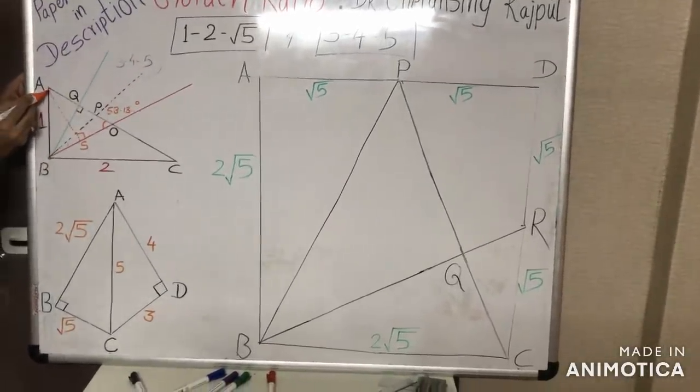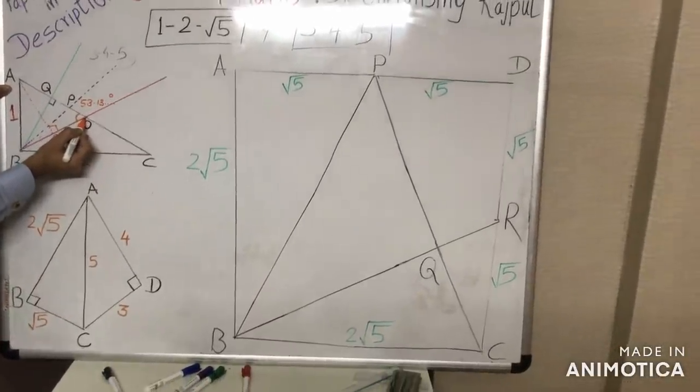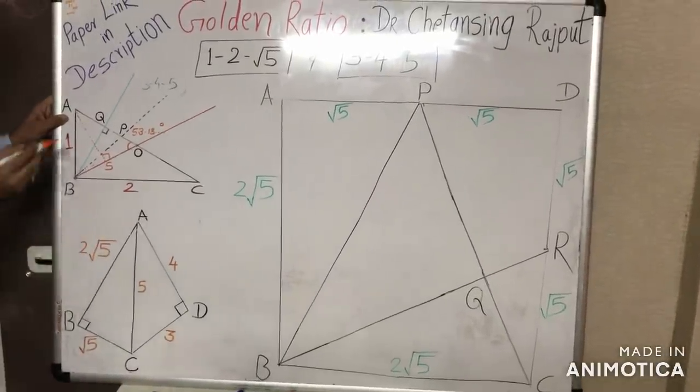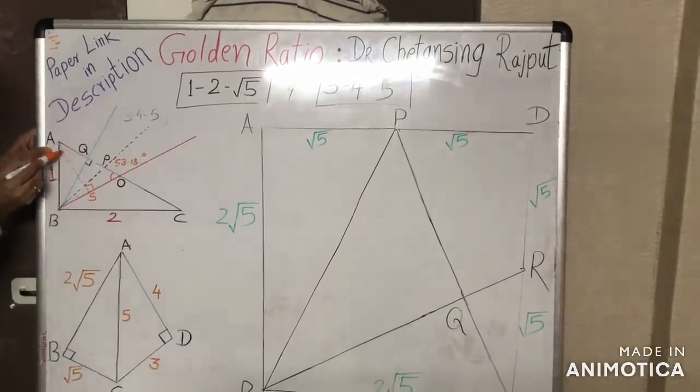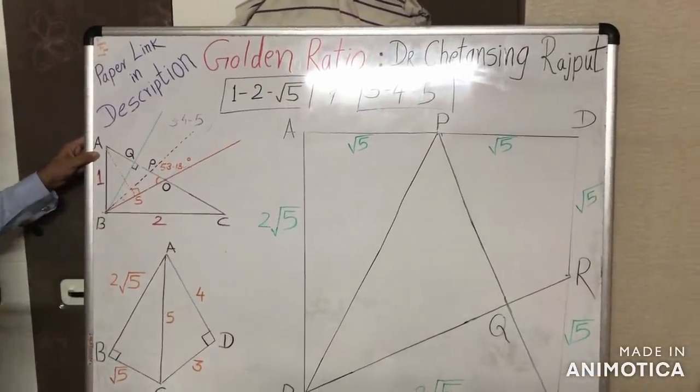So this triangle ASO is a 3, 4, 5 Pythagorean triple, and it is also accompanied by the formation of a 1, 2, root 5 triangle. This triangle here, ASB, is a 1, 2, root 5 triangle.